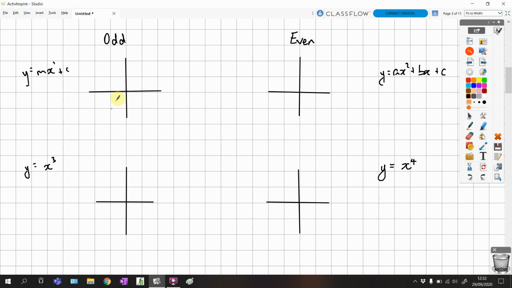You know as well as me that y equals mx plus c, if it's got a positive gradient, just looks like that. It starts low and it finishes high. And again, you know perfectly well that if you have a quadratic, it tends to have this shape here. It starts high and finishes high. And a cubic starts low, perhaps has a wobble in the middle, and finishes high.